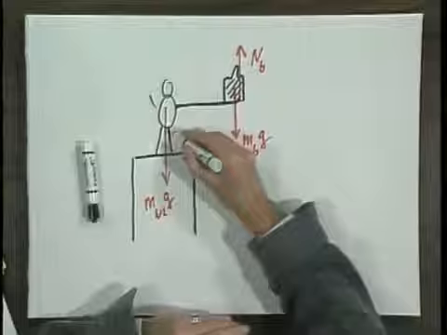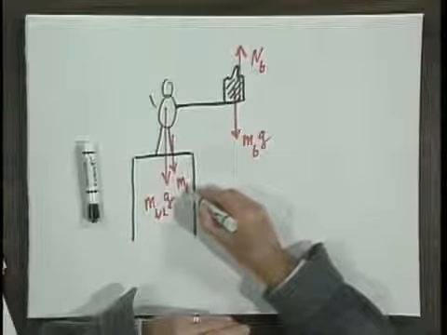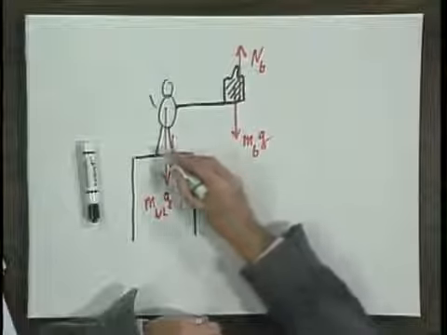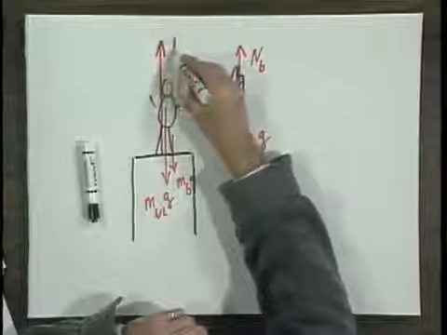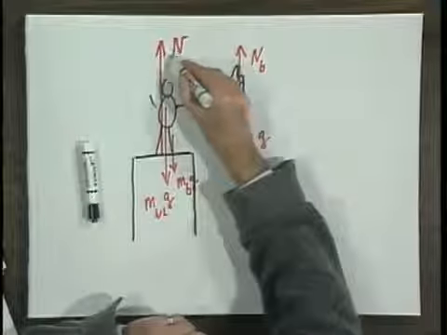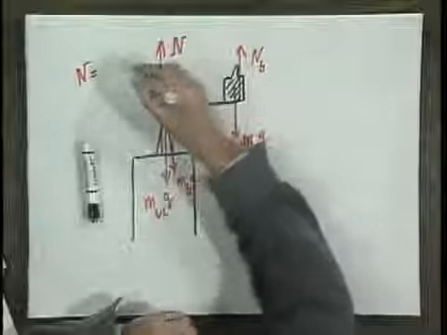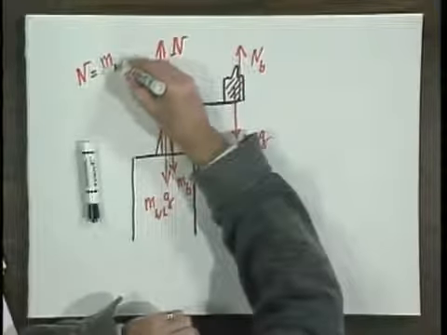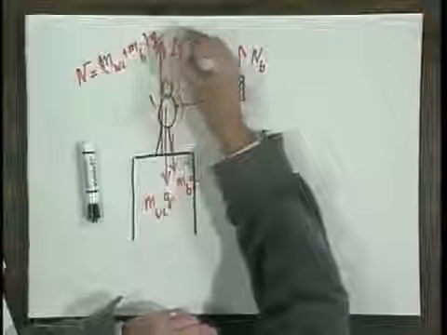So there is an additional force which is m bottle times g. And these two are exactly counterbalanced by a normal force, and the magnitude of the normal force is m Walter Lewin plus m bottle times g.